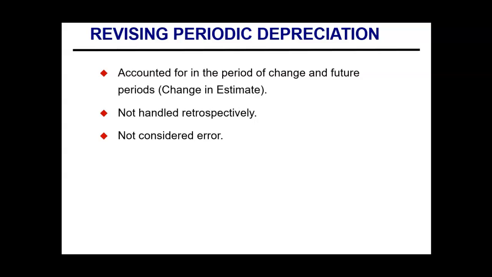But sometimes something causes us to revise our useful life estimates or salvage value. So when there's a revision, we do not change anything from previous years, but we're going to look at the revisions and it will affect the year of the revision and it will affect future years.